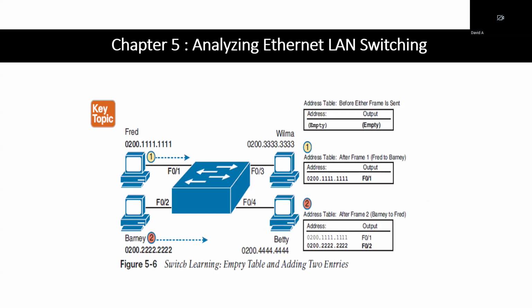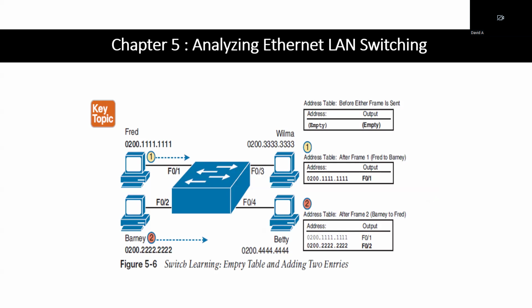Thankfully, we don't need to manually type in MAC addresses, because if we had to do that, Jesus Christ, I probably need to get paid more. Switches have the ability to learn MAC addresses dynamically.